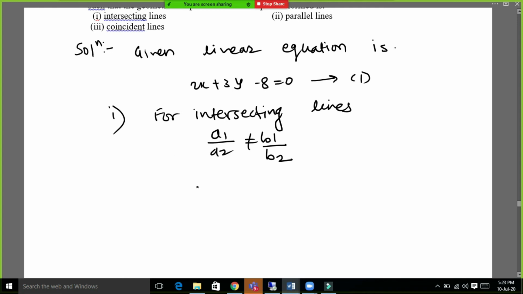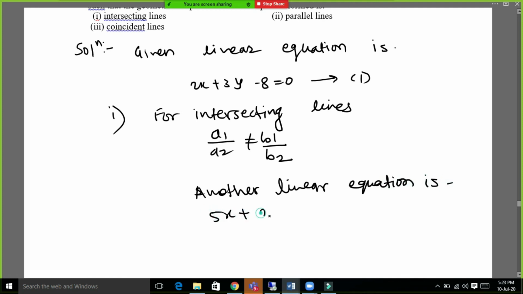So here we take, suppose, another linear equation is 5x plus 2y minus 9 equal to 0. If we consider the values of a1, a2 and b1, b2, we get a1 upon a2 that is 2 by 5, and b1 upon b2 that is 3 by 2.